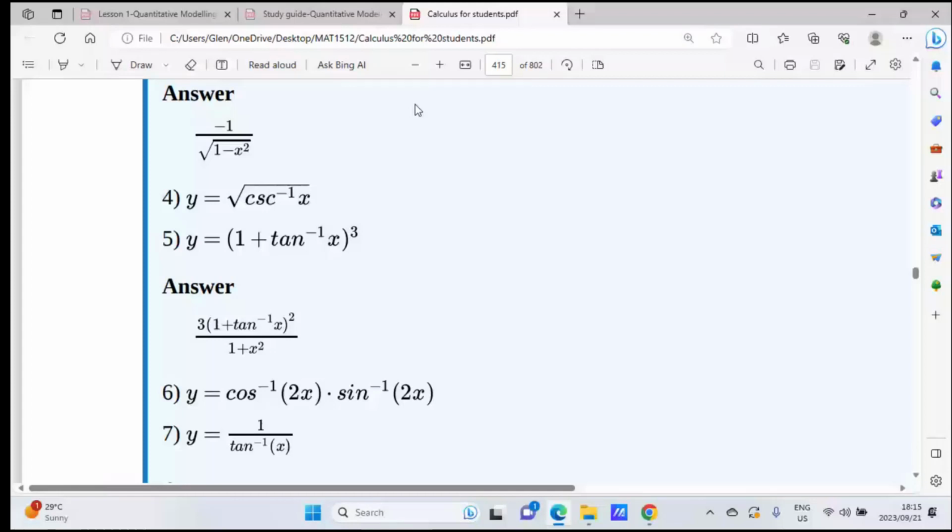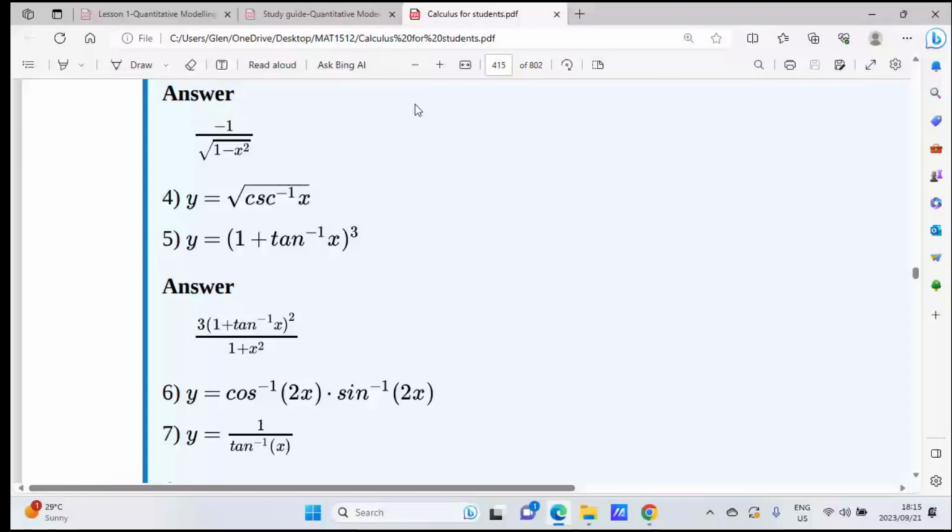Can I ask you something? You know how number 7 is y equals 1 over inverse of tangent x, and we are arguing over how to treat it. How would you have treated it if the question was 1 over inverse of tangent x, all in brackets, cubed?